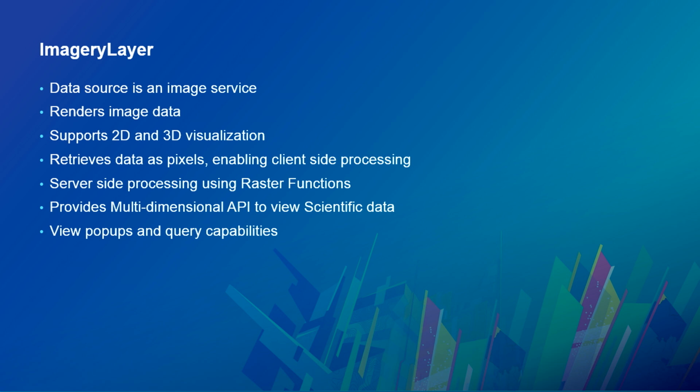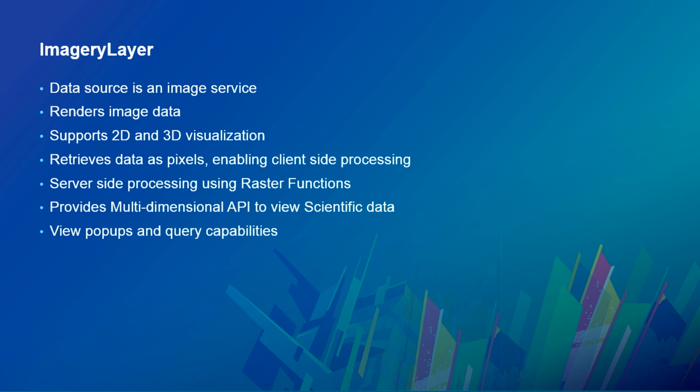And by design, it gives you full access to the pixel values that you are looking at to be able to have an element of interactivity in your web applications. But also you can attach a pixel filter into your imagery layer and be able to control the rendering of your imagery layer that way.